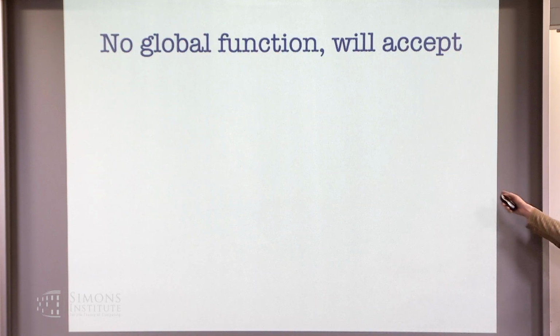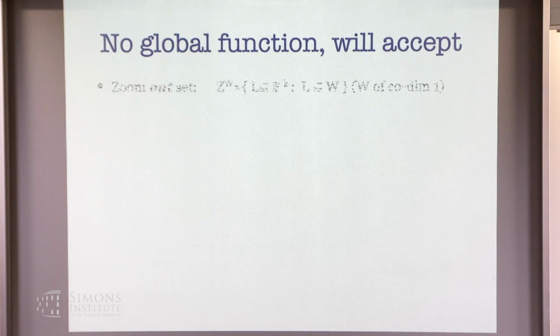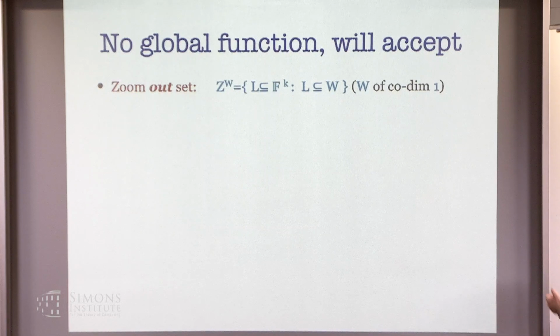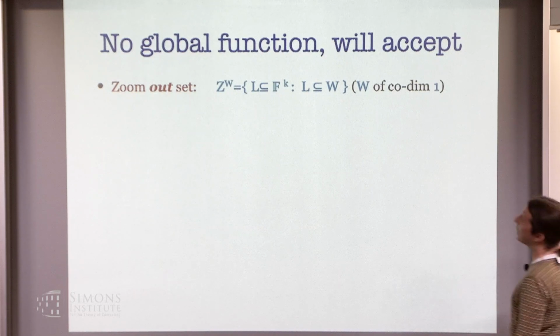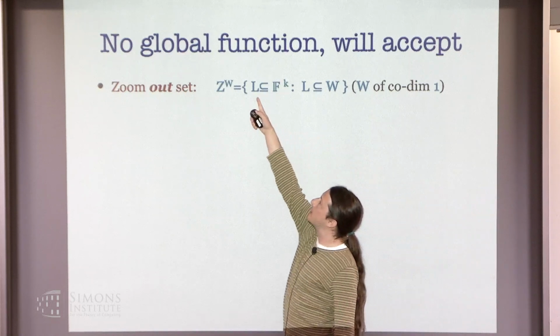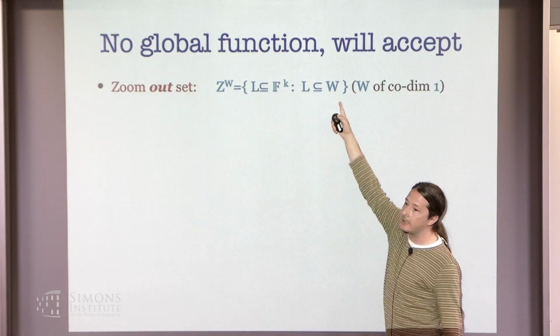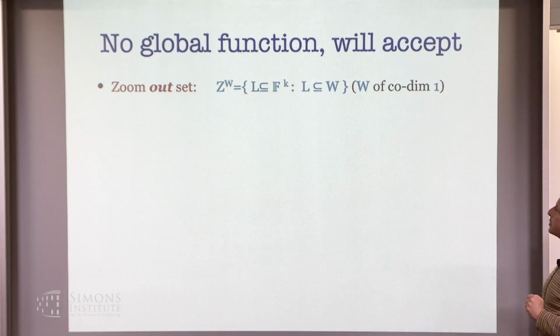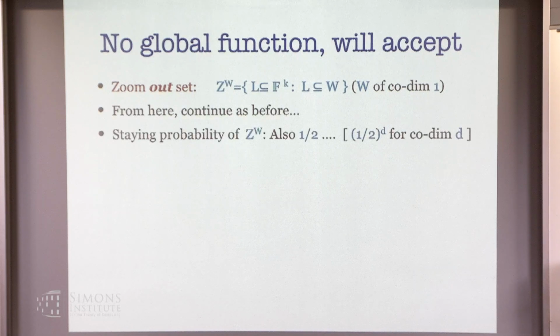Right, so this zoom-in set, looking at all subsets that contain a certain point x, is a non-expanding set. There are other non-expanding sets that you can use to give other counterexamples. So there's a zoom-out set, where you look at all subspaces L that are contained in some large subspace W, and you can do the same tricks there.